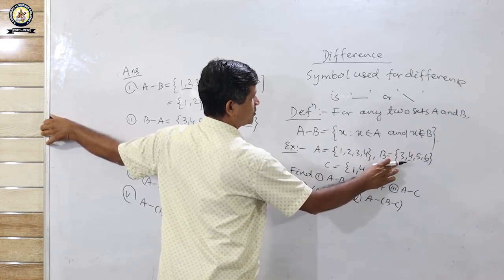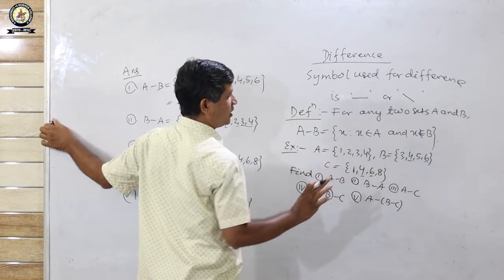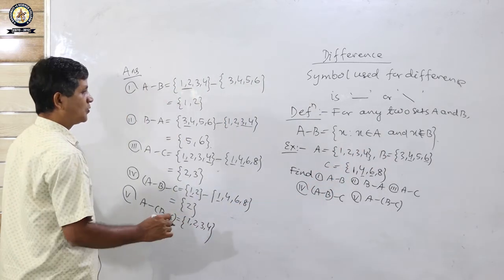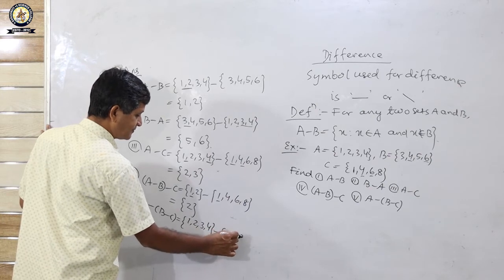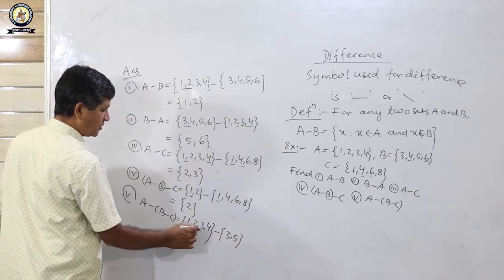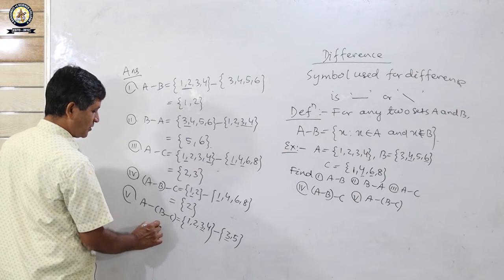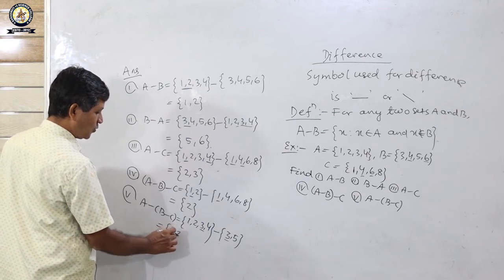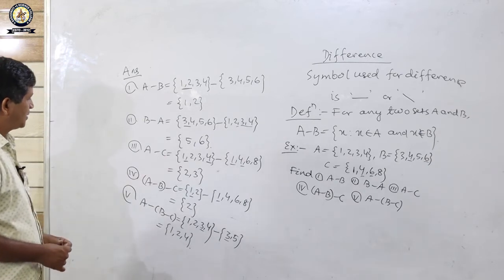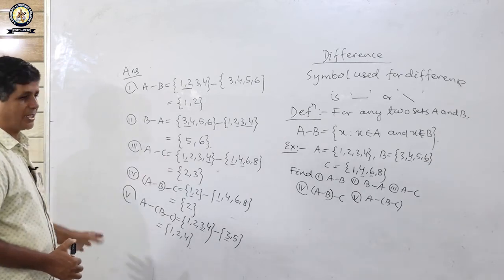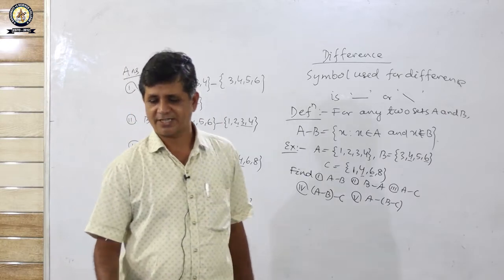With 4 and 6 common, B difference C contains the elements 3 and 5. Do you understand? Now 3 is common, so it is taken out. The remaining elements are 1, 2, 4. This is all about the examples of difference of sets.